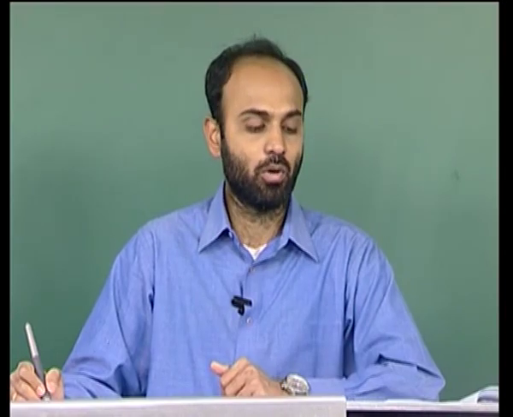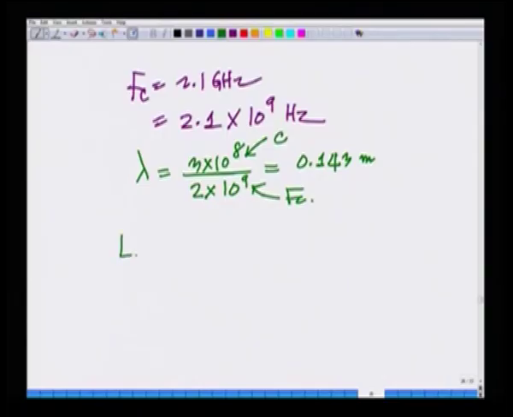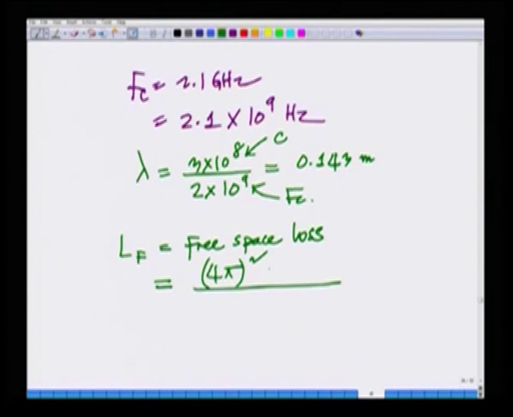Hence, the free space path loss we know is 4 pi square d square divided by lambda square. Hence, free space path loss L f equals 4 pi square d square divided by lambda square, which is 4 pi square into 8 kilometers, that is 8 into 10 power 3, whole square, divided by 0.143 square.